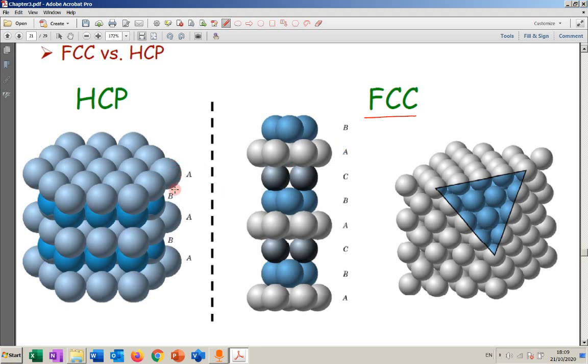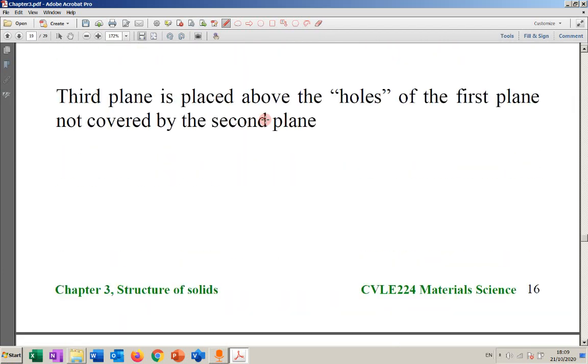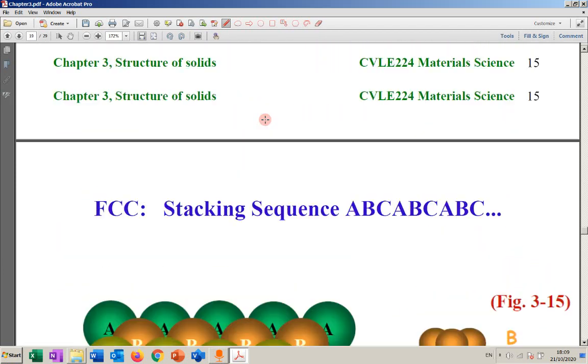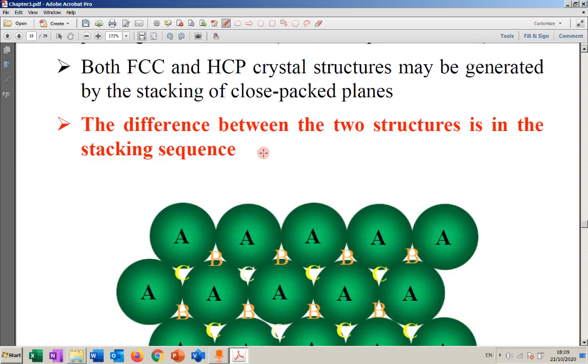The way that you stack the atoms together is going to give us a different arrangement. Still you're going to get the same atomic packing factor, but let's talk about this way to see how the sequence is placed.